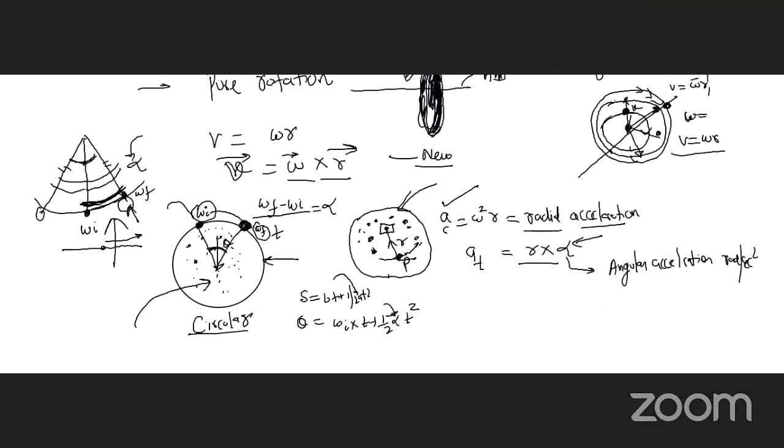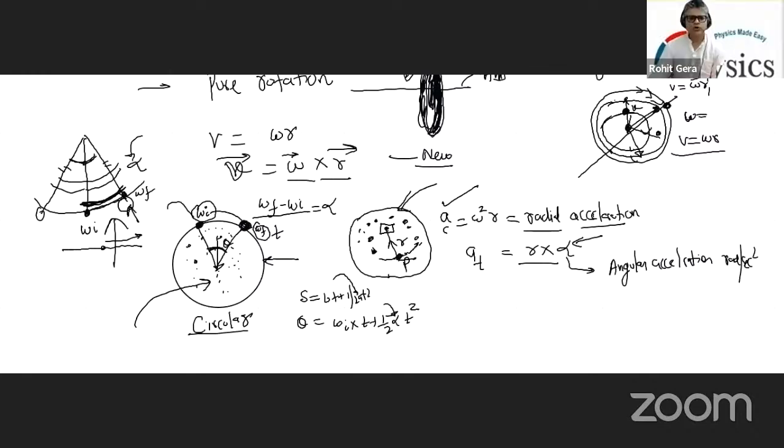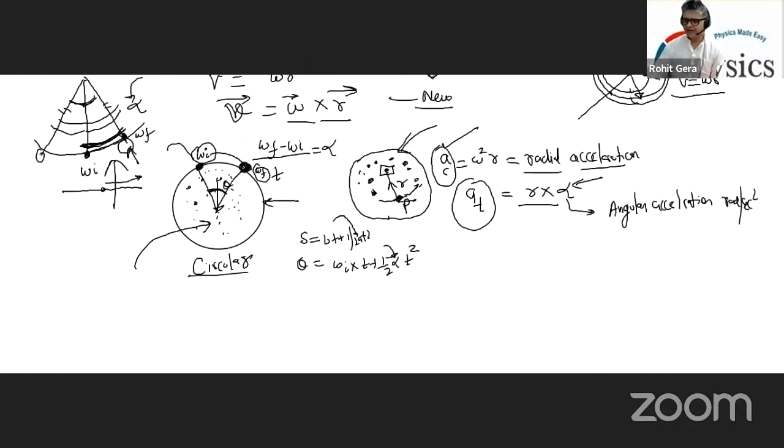So yeah, the centripetal acceleration of a particle of a rigid body and the tangential acceleration of the particle of the body. So there are two accelerations you're talking about. One is A radial, the centripetal one. The second one is A tangential.